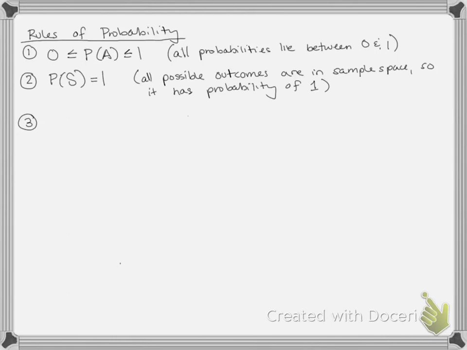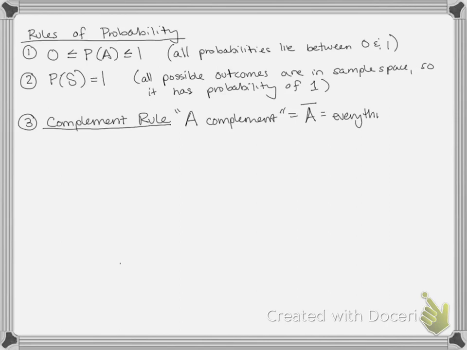Okay, the next three rules actually have names. This one's called the complement rule. And it says that A complement, that's how we would read this, but we would write it like this, A with a bar over top of it, is equal to everything not in A. So in our previous slide, we said getting two heads was event A, right?